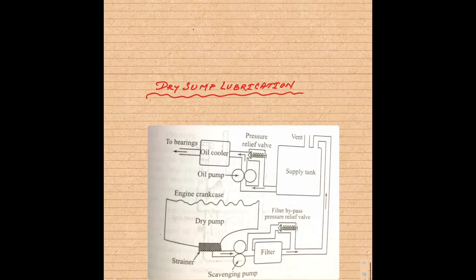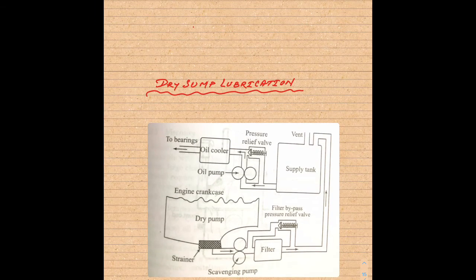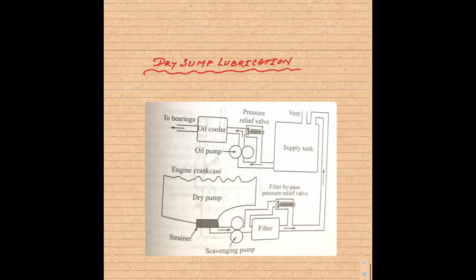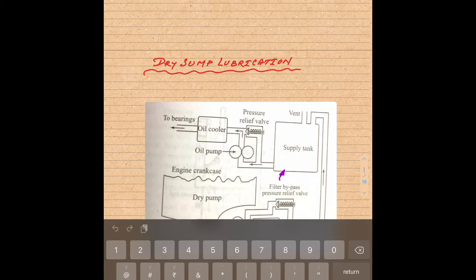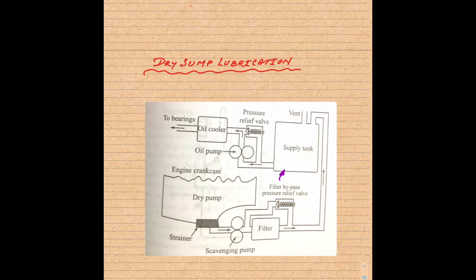Next one is dry sump lubrication. Here we do not have any sump connected to the engine. We have a totally different supply tank, and there are two pumps, this one and this one. This is the scavenging pump.